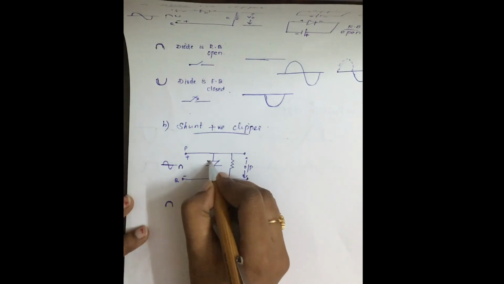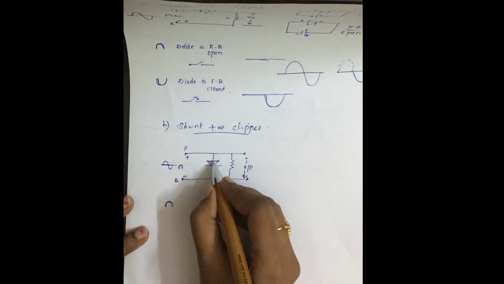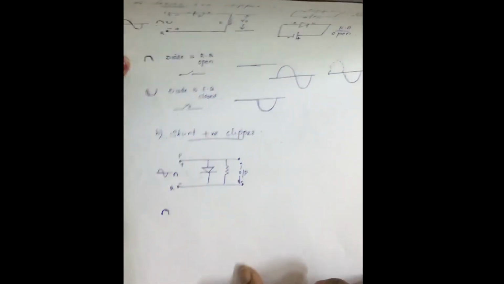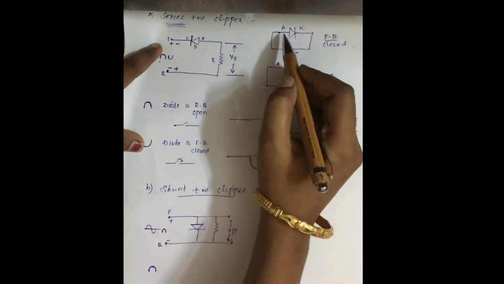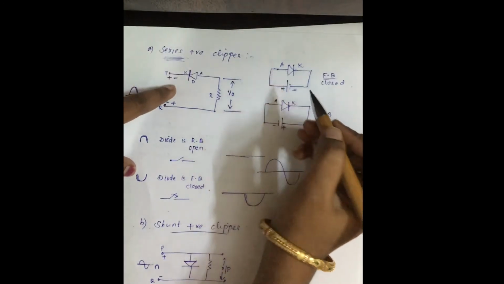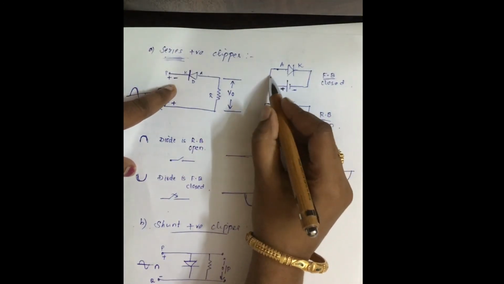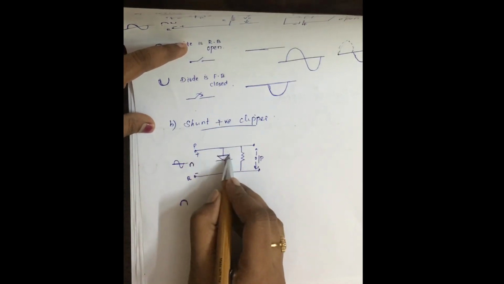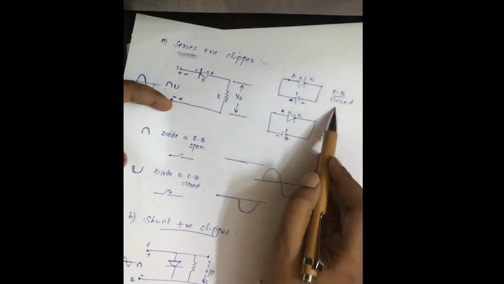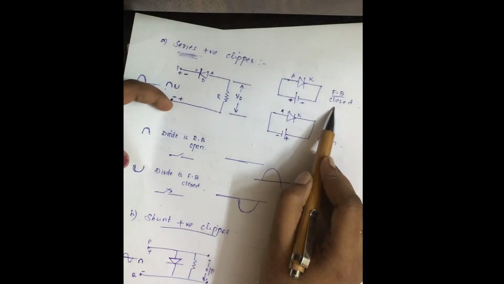Here positive is applied to the anode. Is this clear? So here if you see, the positive is applied to the anode. Hence the diode is said to be in the forward bias condition and it is closed.